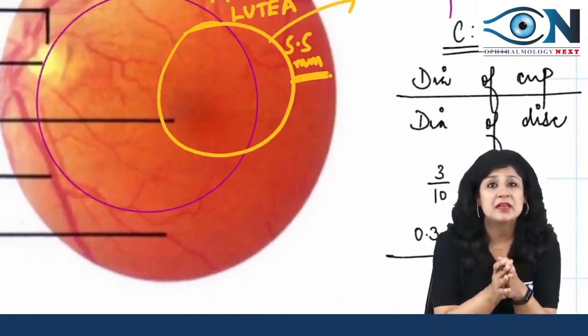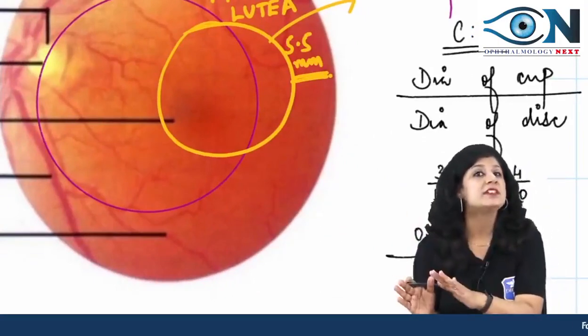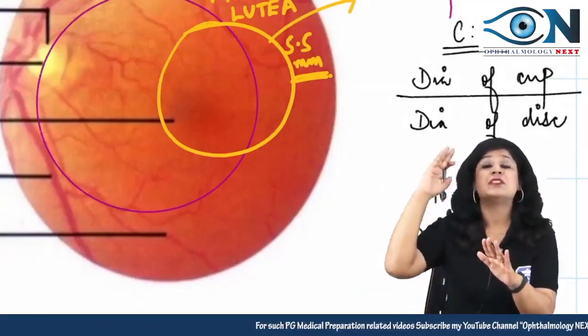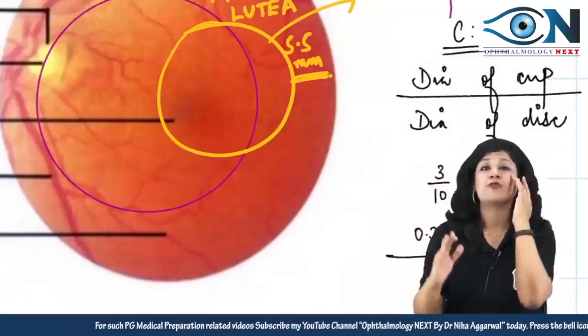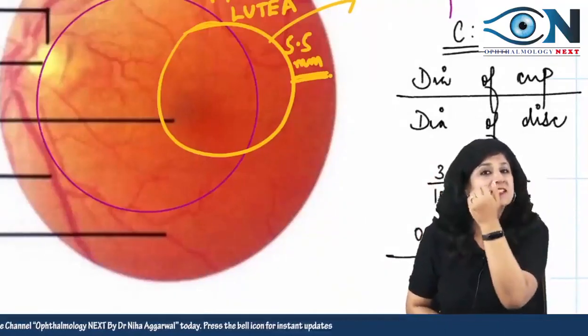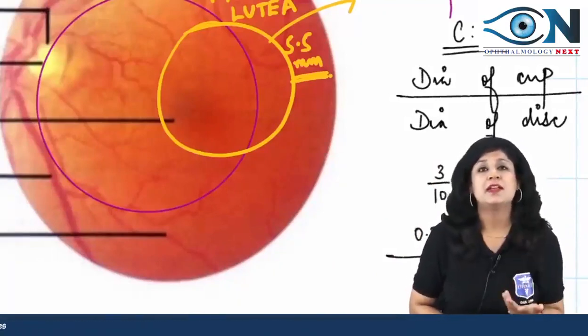Very important thing is that the macula will always lie on the temporal side. Means the macula of my right eye will be towards the right side and the macula of my left eye will be towards the left side. So, whichever side you are seeing the macula, it is that very eye. So, you can easily remember this.